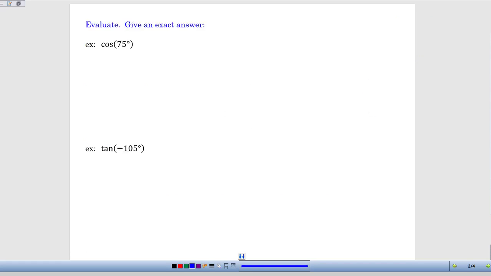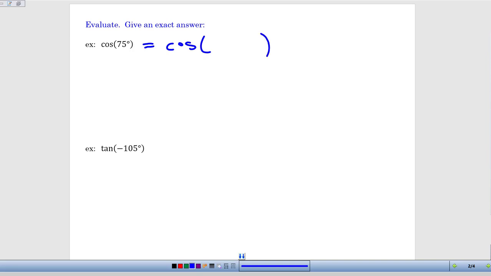In the 2 examples that we see here, we're asked to take the cosine and then later the tangent of 2 angles that are definitely not on the unit circle. 75 degrees is not a unit circle angle. Negative 105 degrees is not a unit circle angle. But what we can do is rewrite 75 degrees as the sum of 2 angles that are on the unit circle.